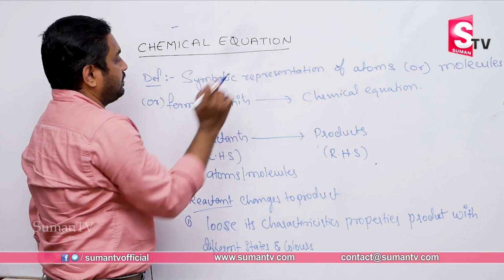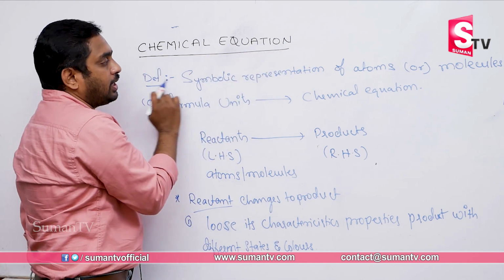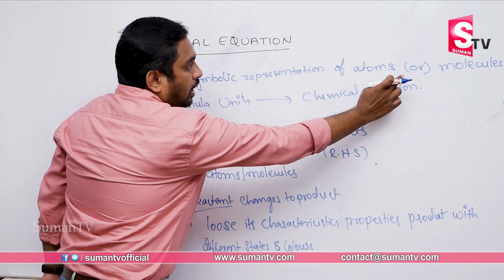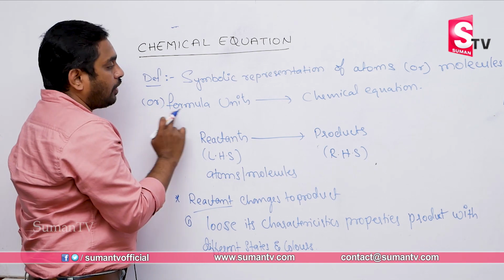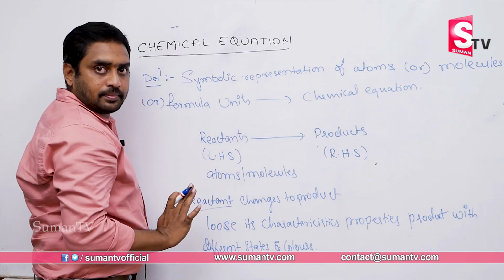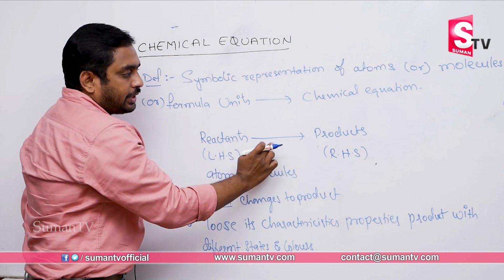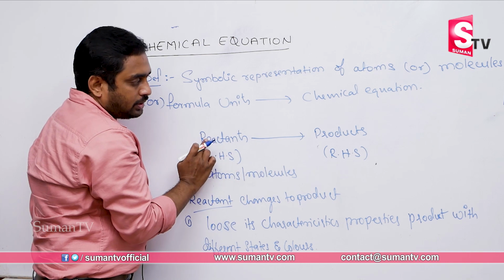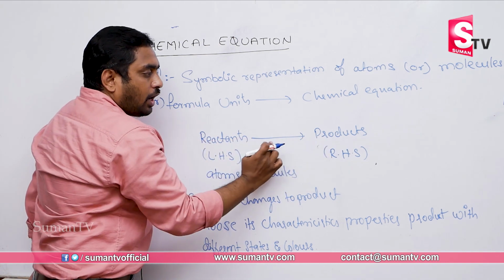Definition of chemical equation: symbolic representation of atoms or molecules or formula units is known as a chemical equation. Reactants give rise to product. Place the reactants before the arrow mark and the product after the arrow mark.